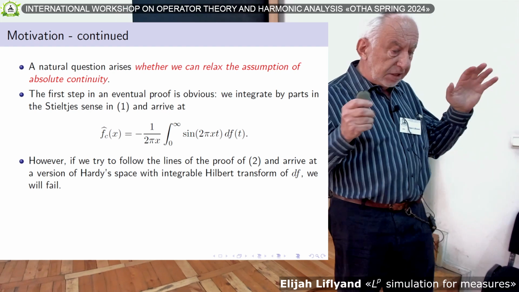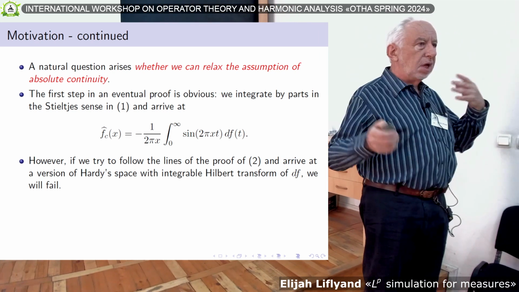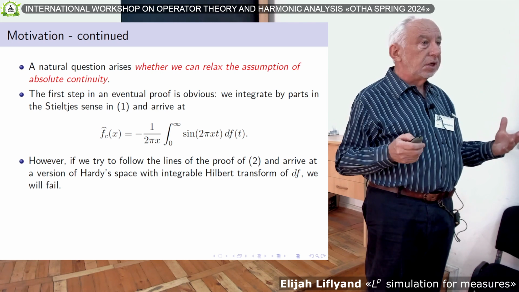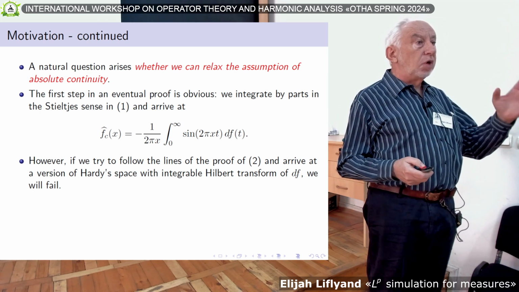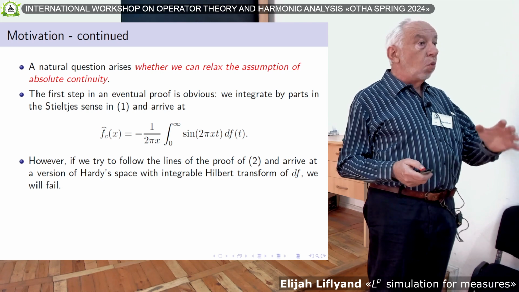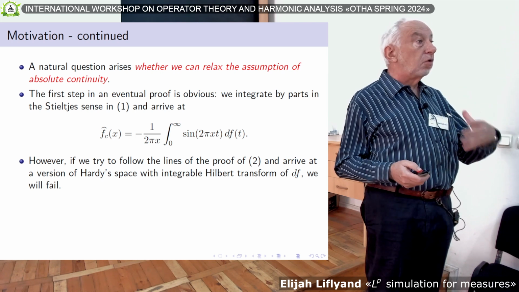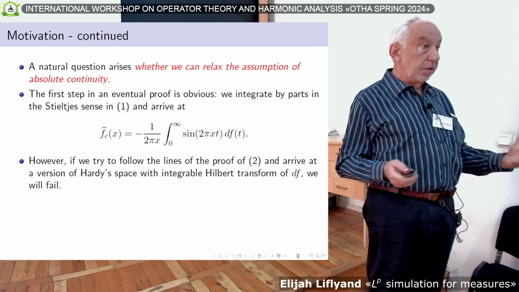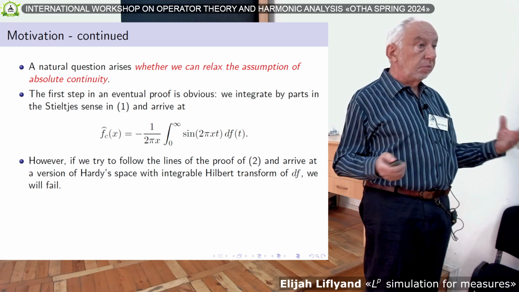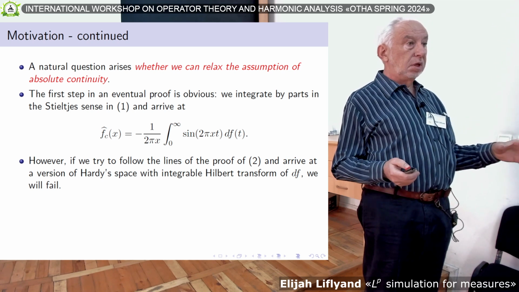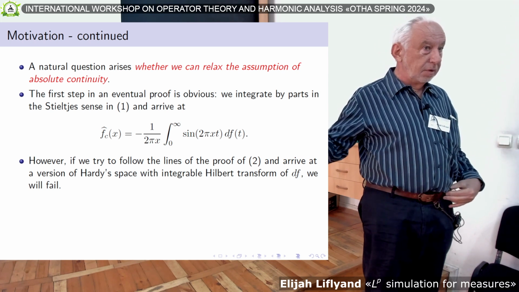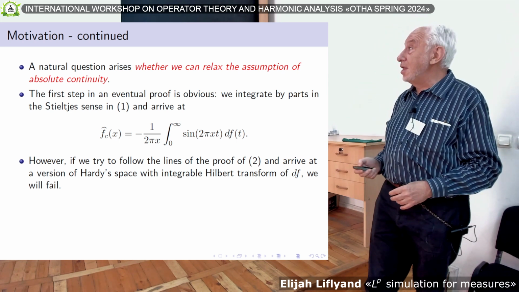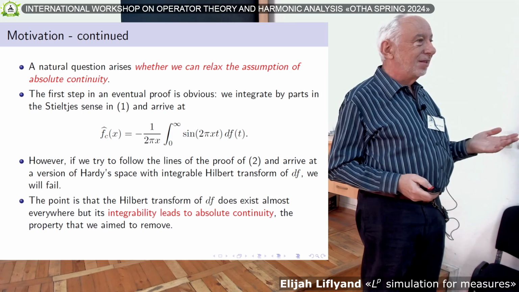Without details, let us assume that we do some actions like before and try to arrive at the case where the Hilbert transform of the measure, and this is also a well-known notion, is integrable. To get an analog of what we had... And we fail.